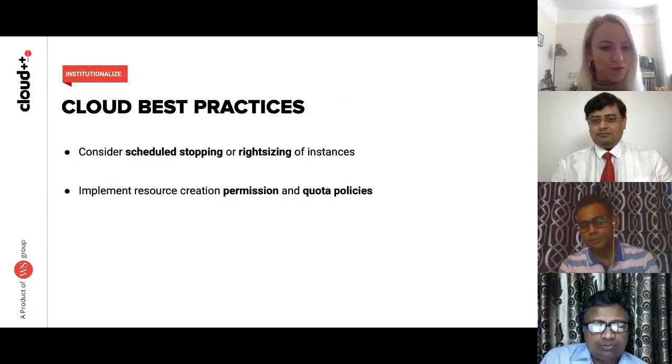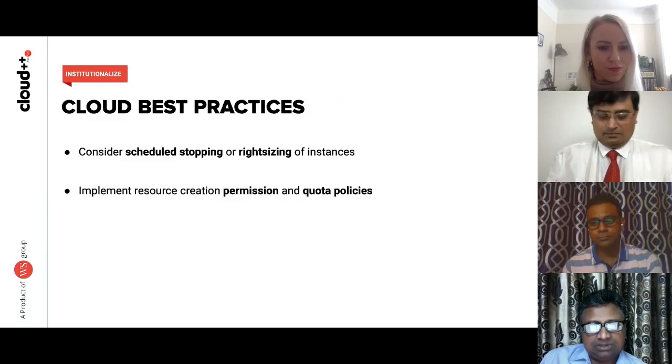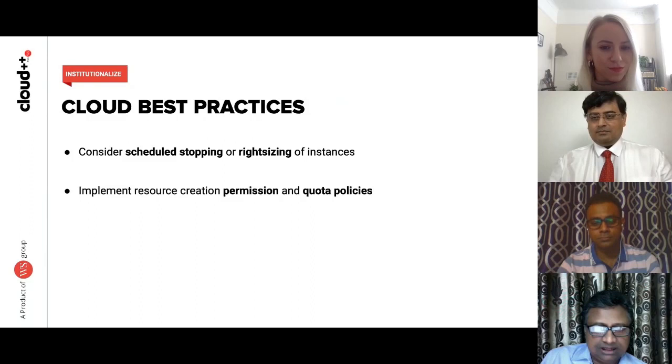So you can put quotas on individuals, groups, and business units. Whenever these things pile up, it will restrict you from creating further resources until you clean up. That is also something you can follow organization-wide.